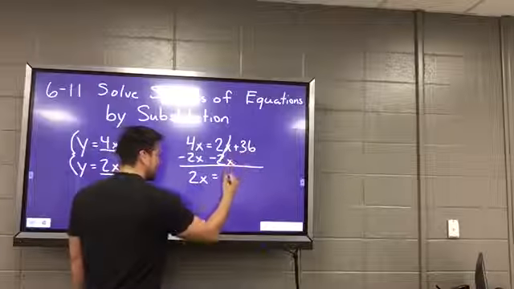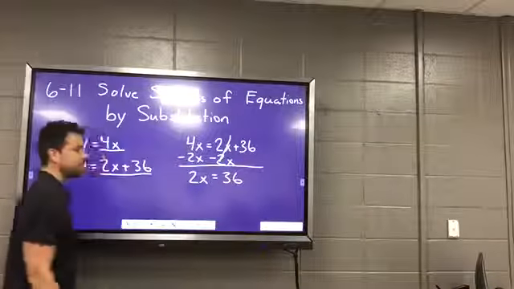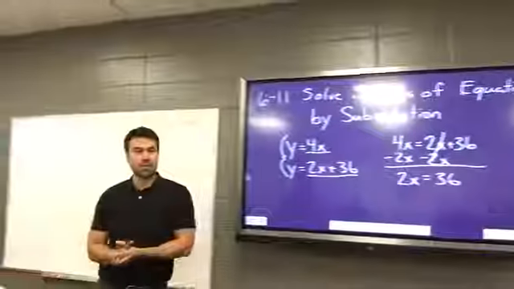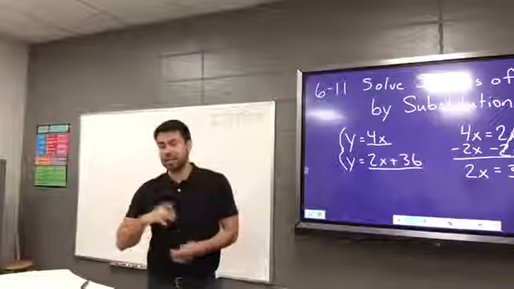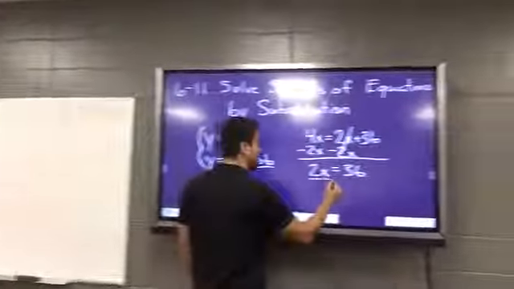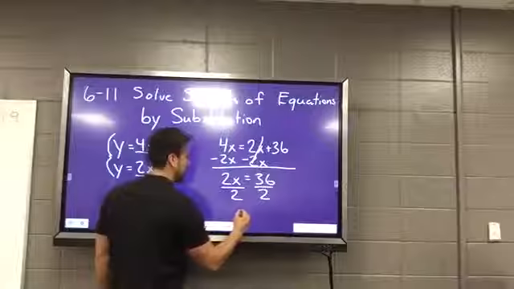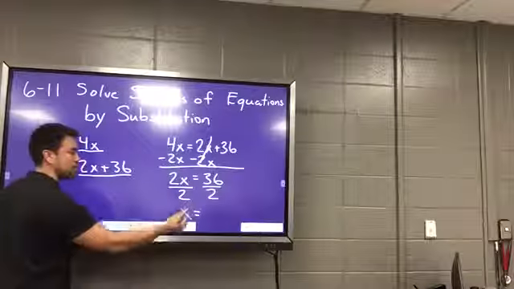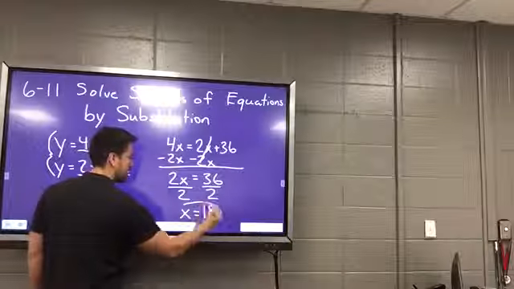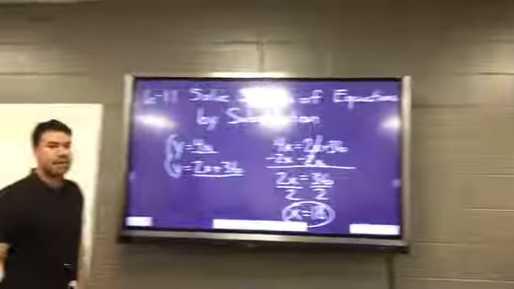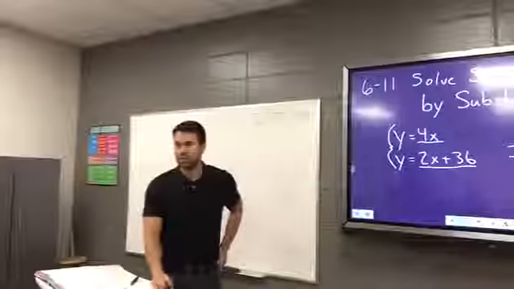What's 0 plus 36? 36. Is that x though? Is that giving me what x is? Nope. How do I find x? Last step. Divide both sides by 2, and I get x equals 18. Got it. That's half my answer.